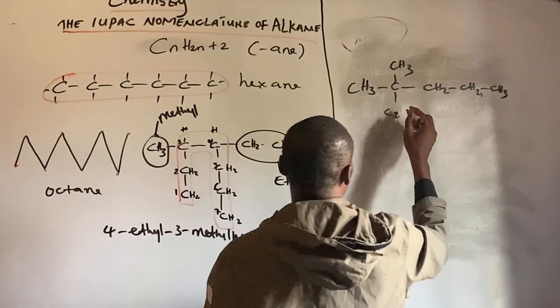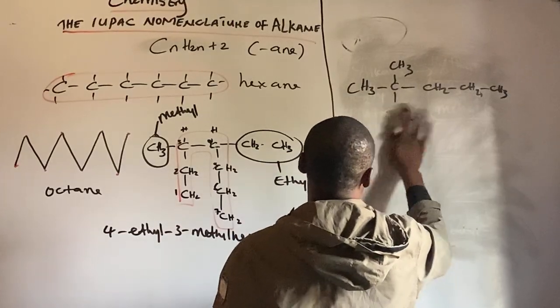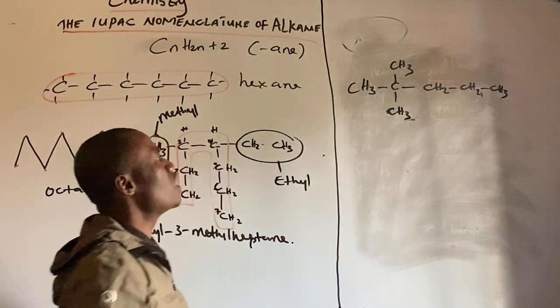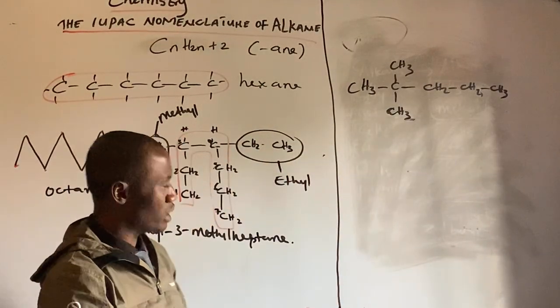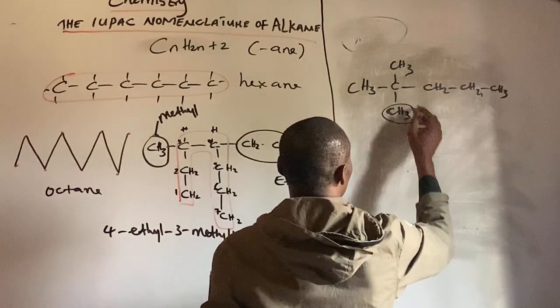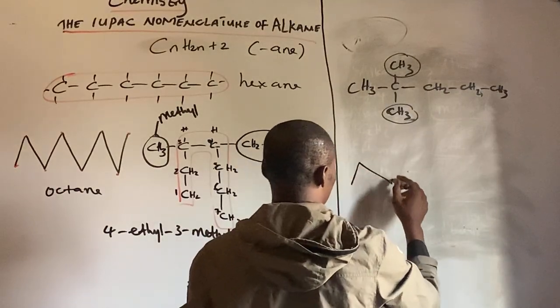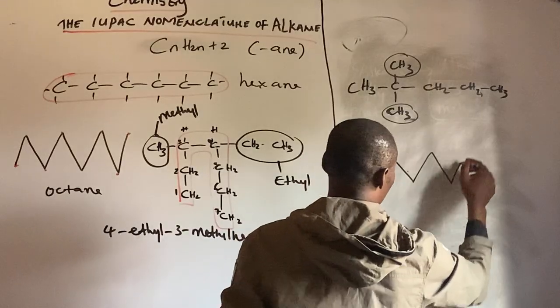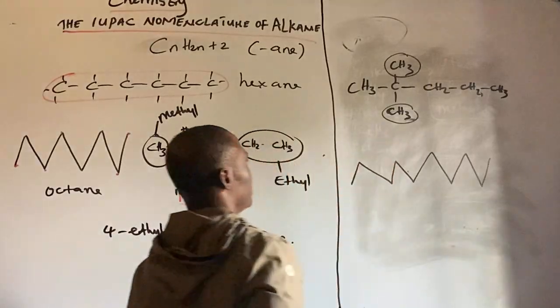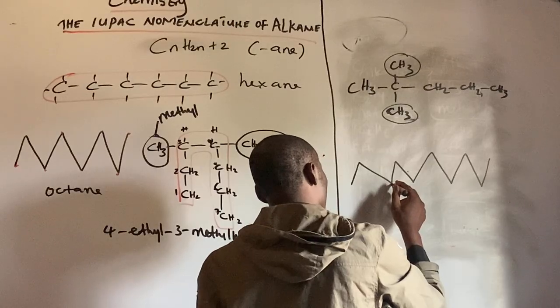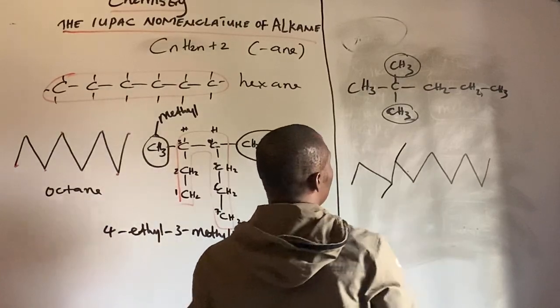Okay, let me make it so that you understand what I'm saying. Let's make the CH3. Now, if you look at these, we have substituents. We have the substituent methyl, methyl. Okay, let me give you the stroke. All right. So if you have this, and you have this.